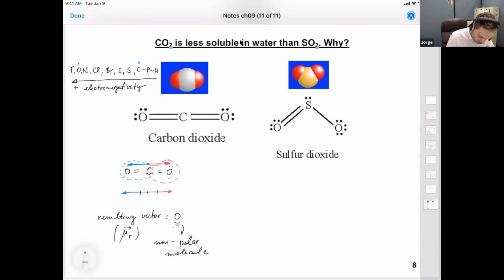So for SO2, now instead of a linear molecule, we are going to have a bent or angular or V-shaped molecule. And now let's take a look and see if that change in geometry will affect the polarity of the molecule.